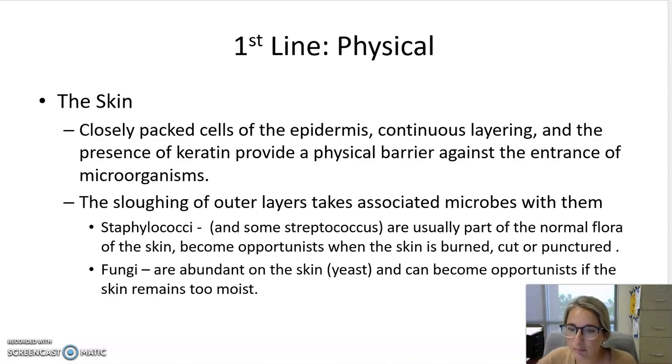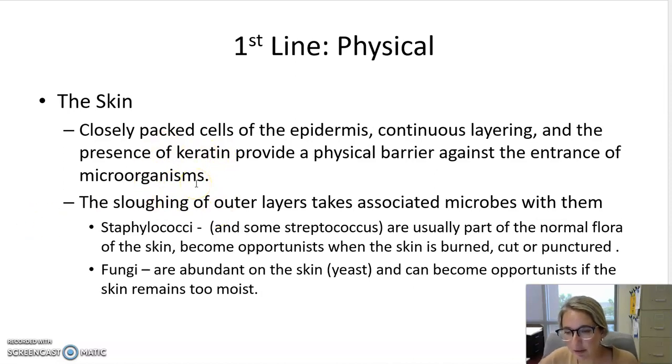So first we'll talk about a few of the physical first line of defenses, the primary one being the skin. So the skin is made up of a continuous layer of cells. In micro, the most important layer of the skin is the outermost layer. The outermost layer is composed of dead skin cells, which are impregnated with a protein called keratin.